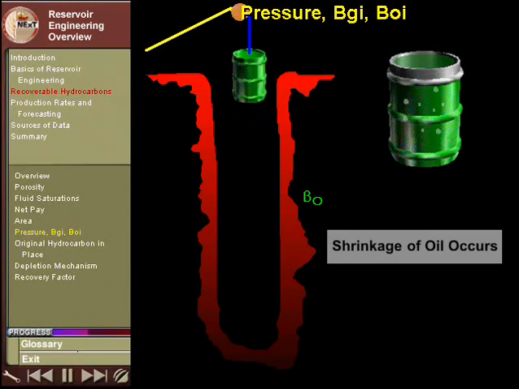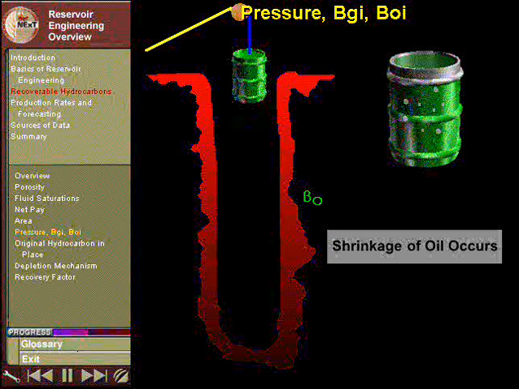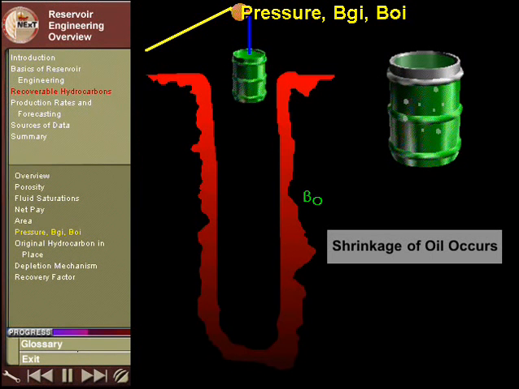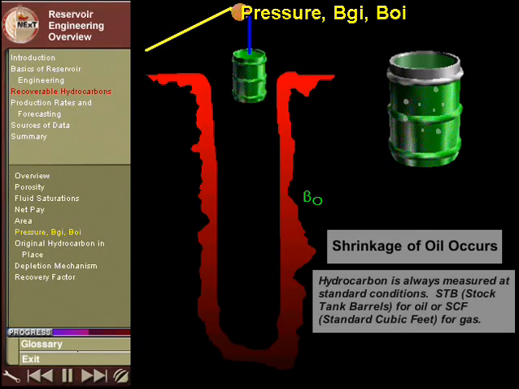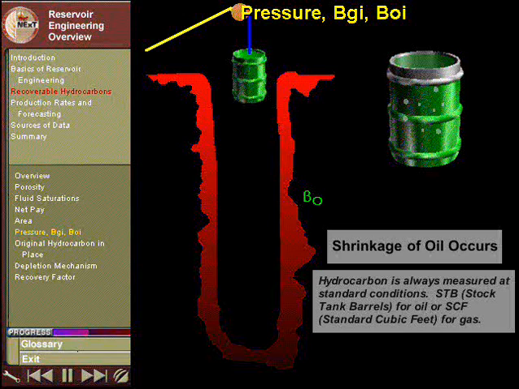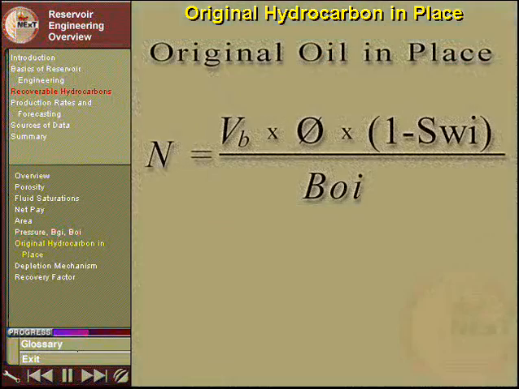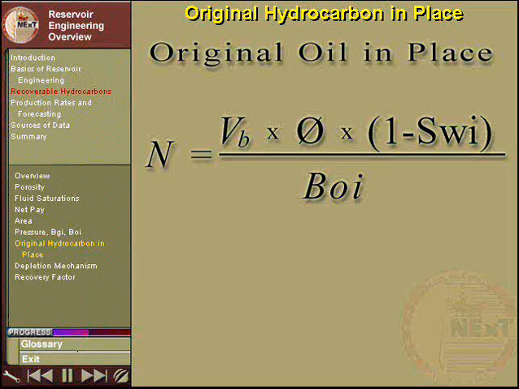The formation volume factor is used to adjust for fluid volume differences between the reservoir and the surface due to pressure and temperature. Because hydrocarbon volume is measured at standard conditions, the volume of oil or gas is different in the reservoir than at the surface.